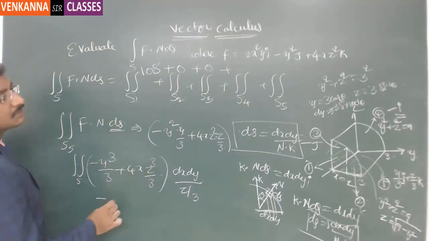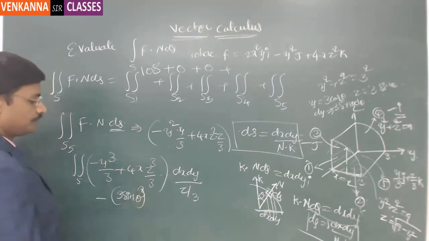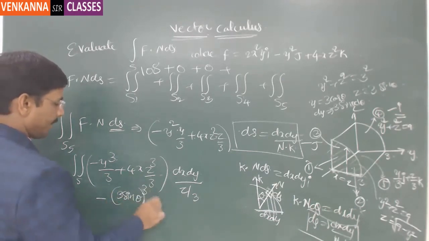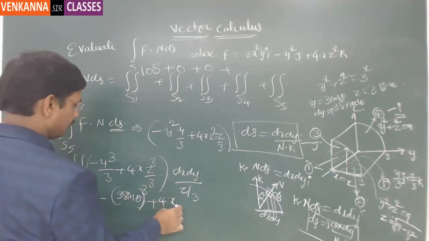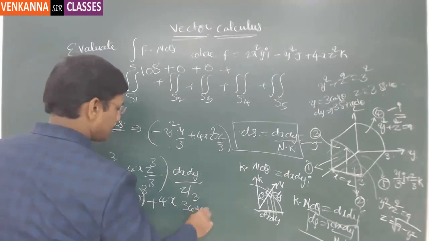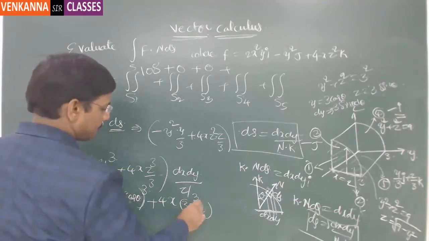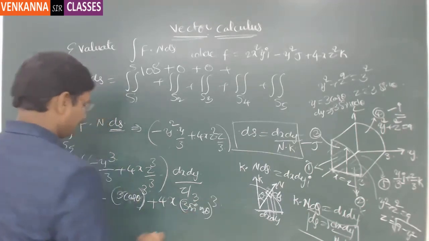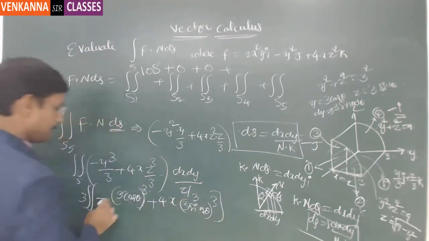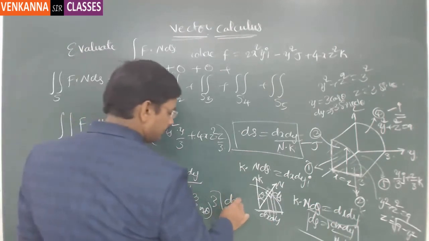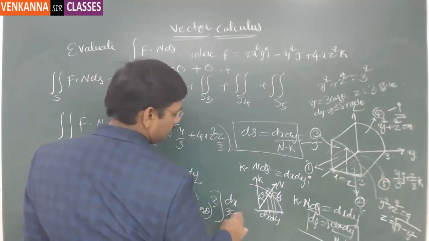So this is minus y cube, that is 3 sin theta whole cube, plus 4 into x into 3 cos theta, so 3 cos theta here, and 3 sin theta whole cube. So 3 you can take out, dx dy you can replace in terms of theta.